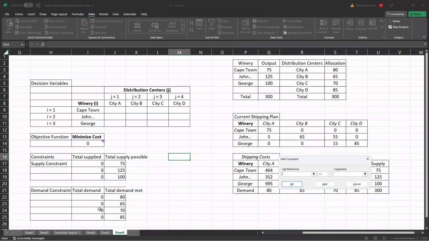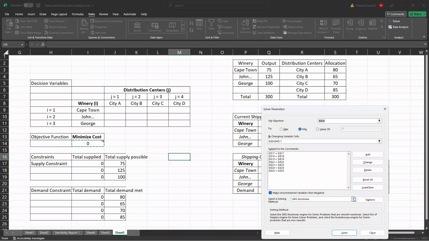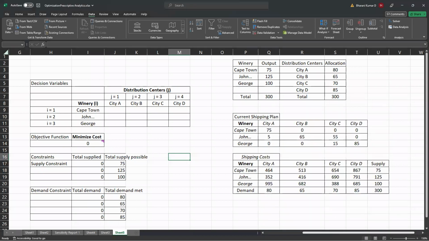Add. This value should be equivalent to this. This value should be equivalent to this. Done. Non-negative constraints, simplex problem solved.